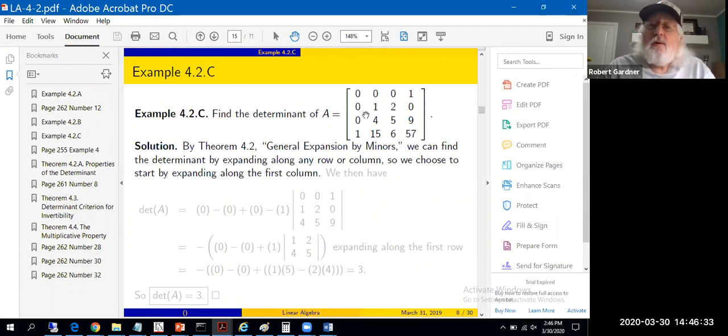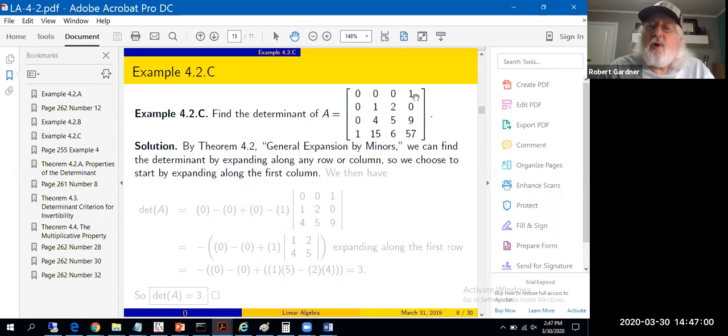But when I do this expansion along the first column, we're going to have 0 times something, plus 0 times something, plus 0 times something, plus 1 times, positive or negative, I forget, we'll have to figure that out, times the determinant of a minor matrix. And it'll be this little 3 by 3 minor matrix up here. Hey, we won't have to deal with the 15 or the 57 by expanding along column 1.